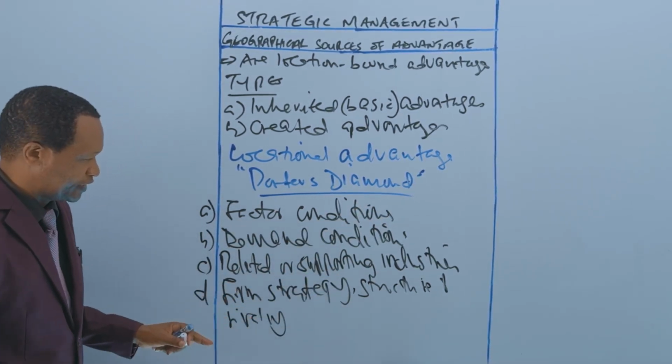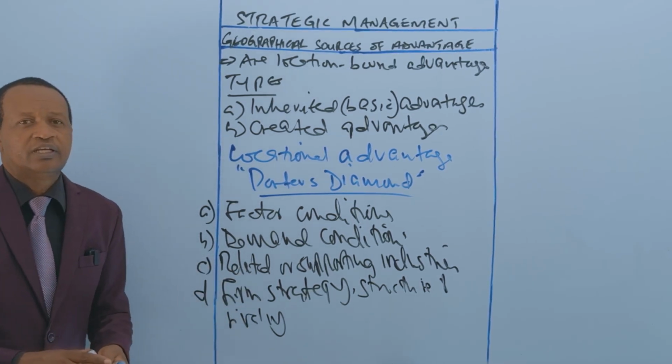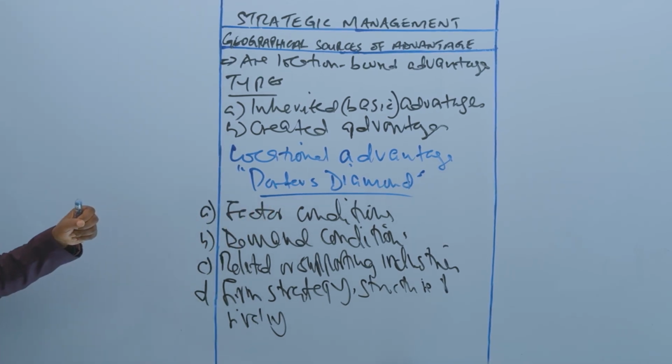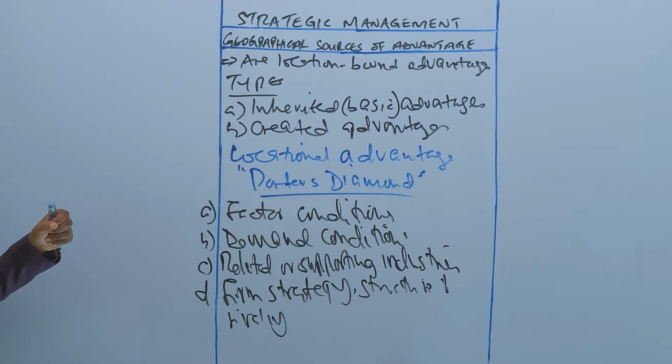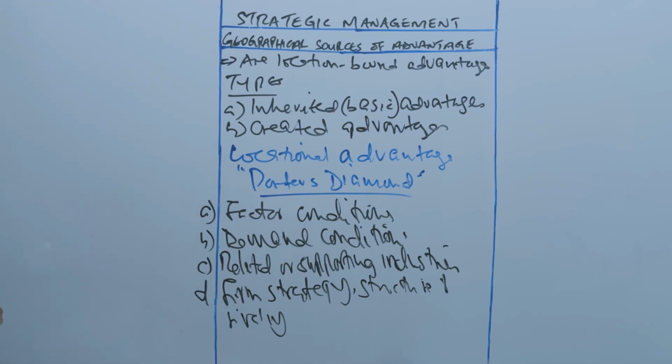Stiff competition can make companies very innovative, which pushes them to go global. Understand? So that is the Porter's diamond model, which helps us understand the locational advantage.